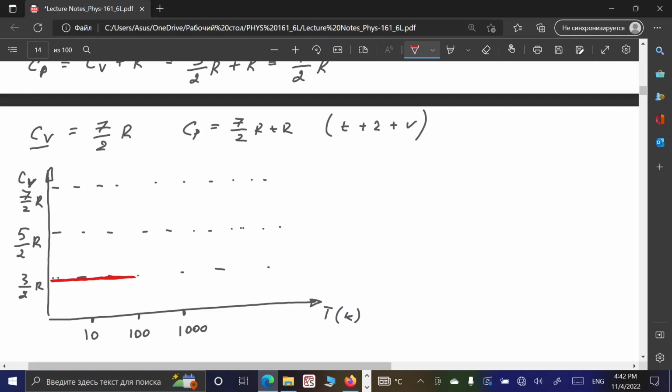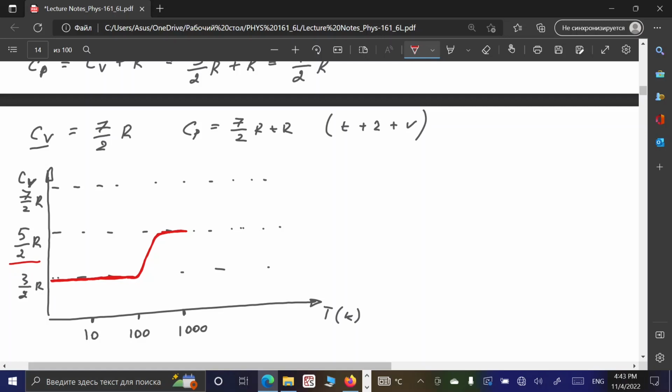And that's why, regardless of the fact that this ideal gas is diatomic, not single atomic, we still deal with its molar heat capacitance defined only by translational motion, and that is 3/2 times R. If temperature goes higher than 100 Kelvin, then we have a transition to this second level when the contribution from rotational motion is already thermally activated.